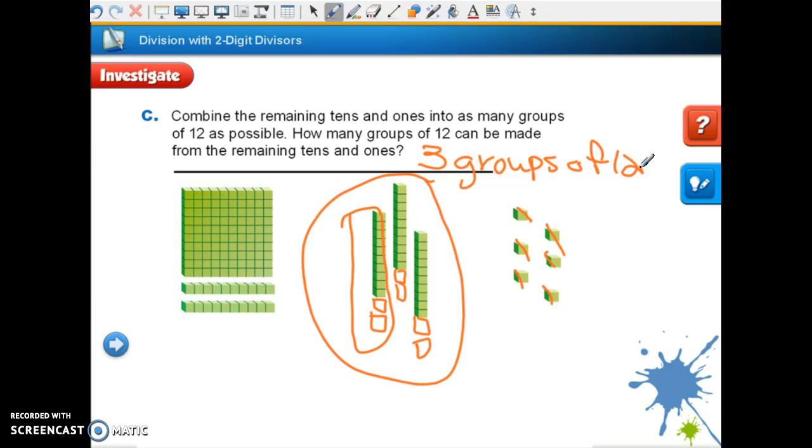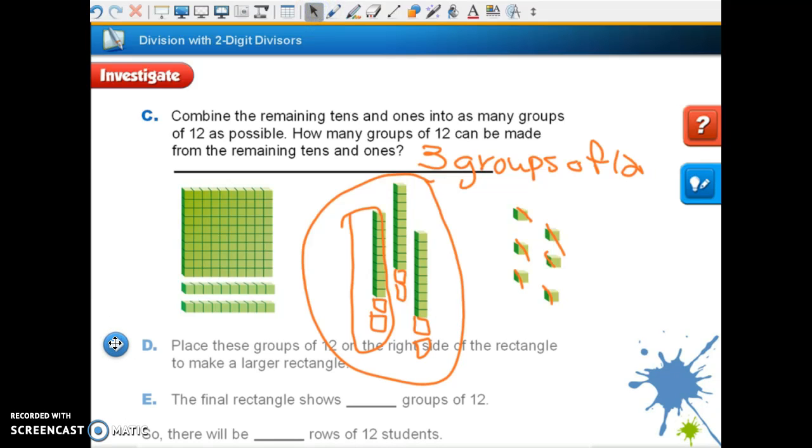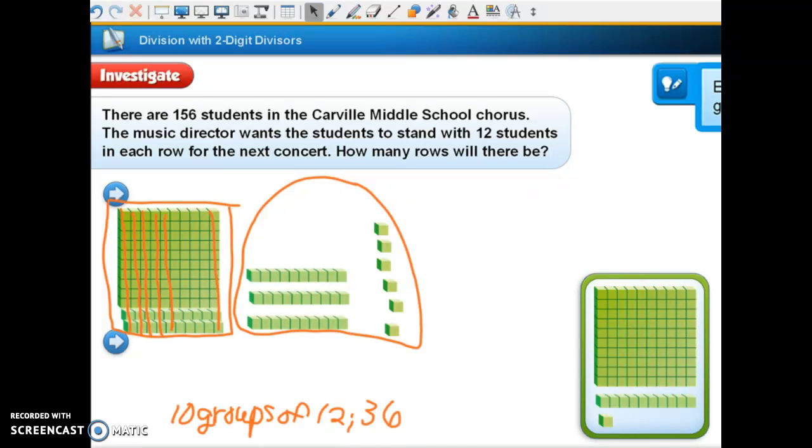Okay. I think next is going to be D. I wrote all over it, but place these groups of 12 on the right side of the rectangle to make a larger rectangle. So you're going to take your blocks and you're going to move them over here. So I'll go back to the one I think I can manipulate. Except I can't turn these.